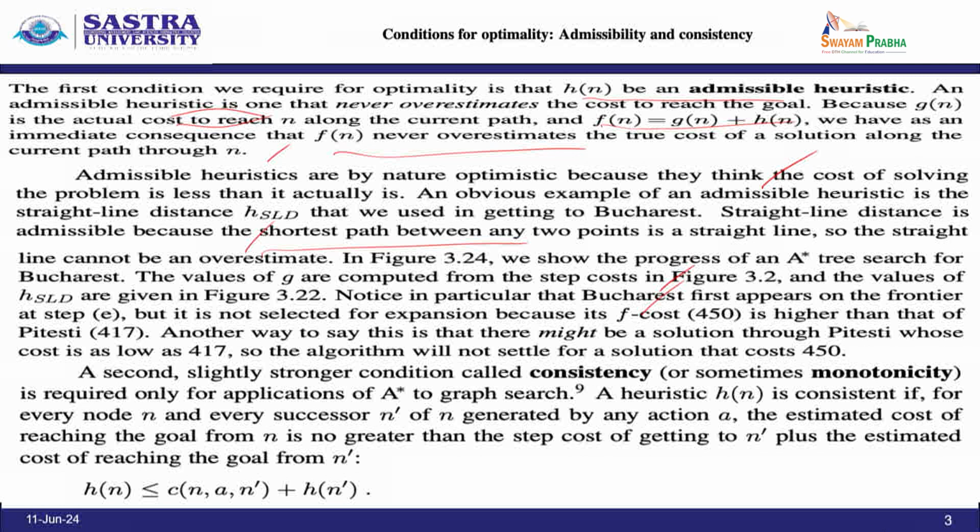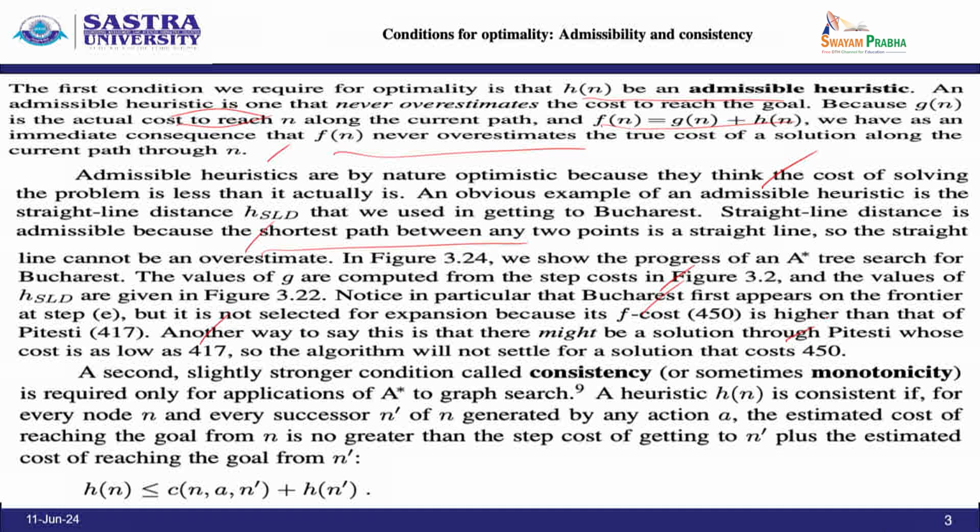Another way to say that is that there might be a solution through Pitesti whose cost is as low as 417, so the algorithm will not settle for a solution of cost 450.